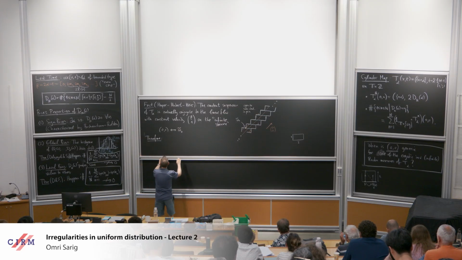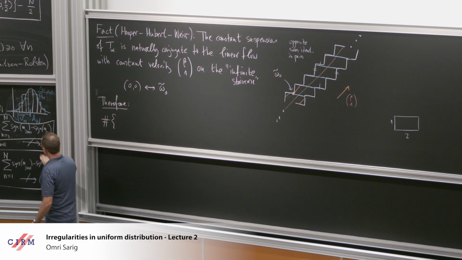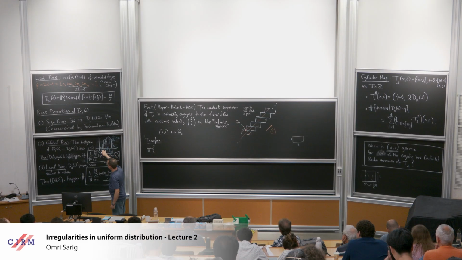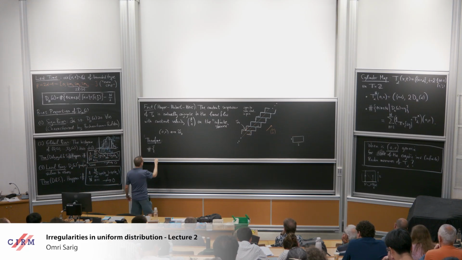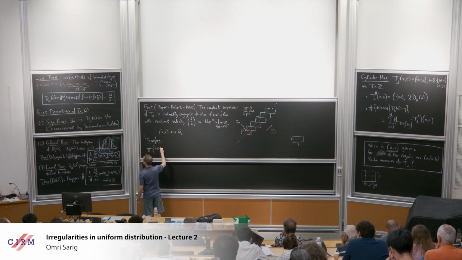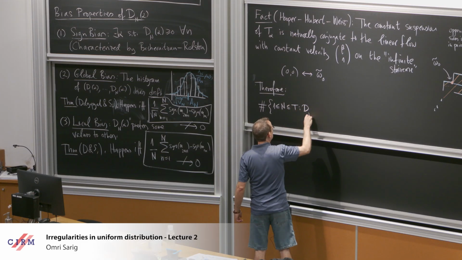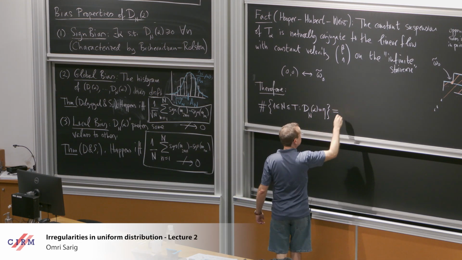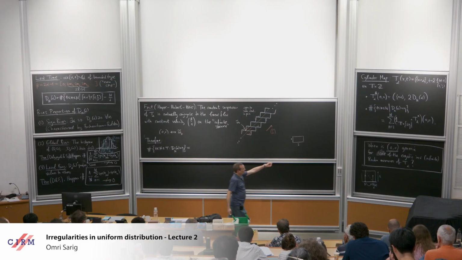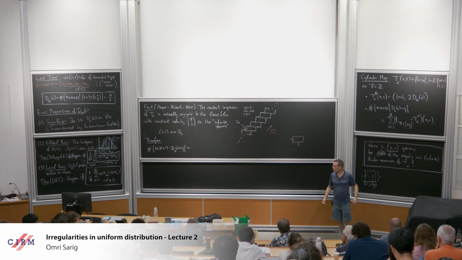Okay, so therefore, if you are interested in understanding the values of the error term, then you have the following identity. Let's write it like this. So this is, well, we have a representation as a Birkhoff sum for the Poincaré map, but the roof function is 1.